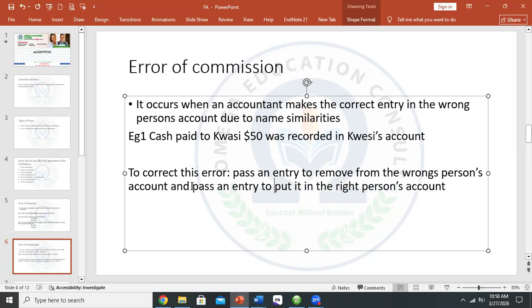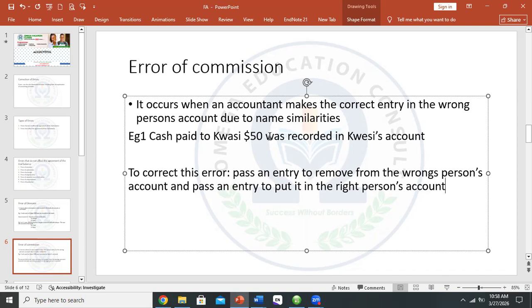Okay, so here again, you have to be sharp with your double entry. Let's analyze this one. Cash paid to Kwesi was recorded in Kwesi's account. So technically, let me allow Portia to talk some more. Portia, let's hear you. So with this question, we will credit cash with $50 and we will debit Kwesi with the E with $50.